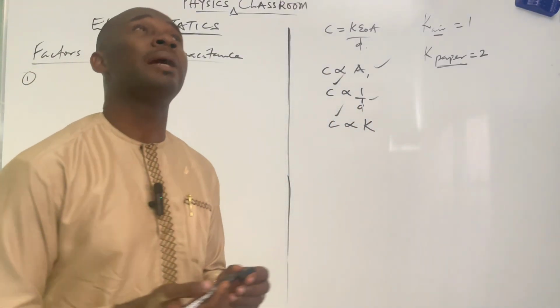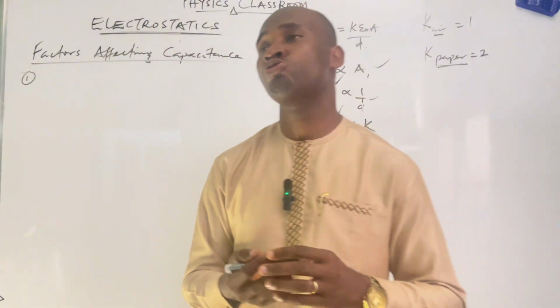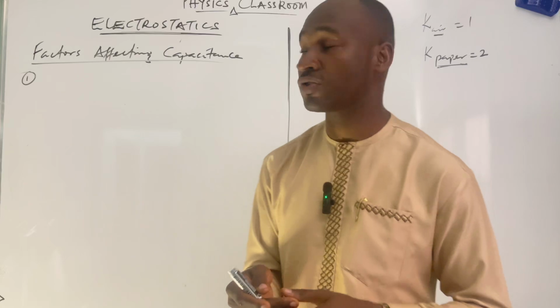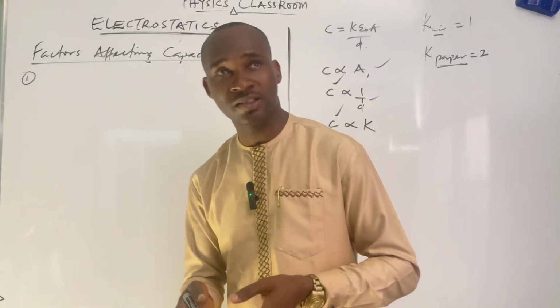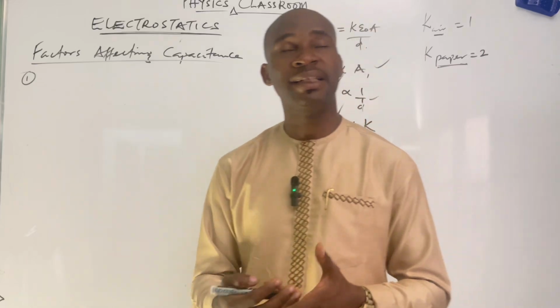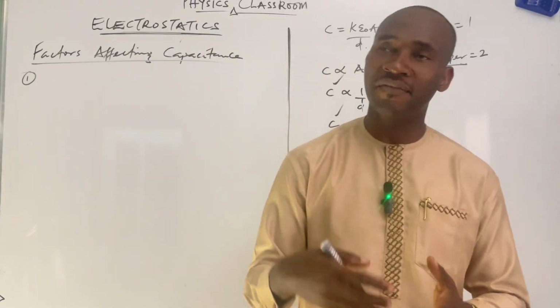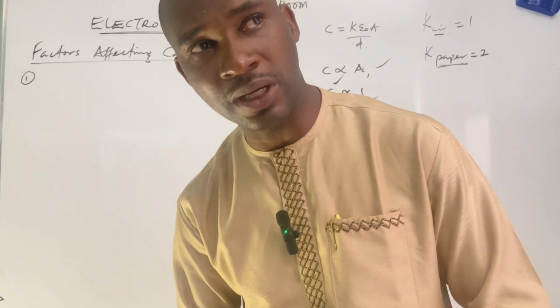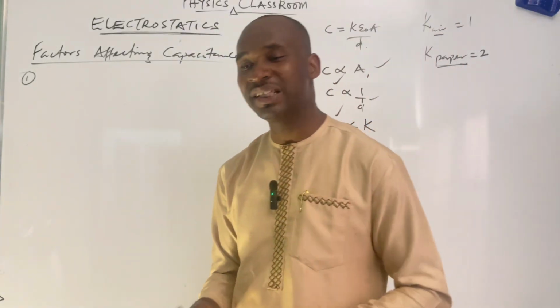There's no way we talk about capacitors without having to talk about the types of capacitors. There are various types of capacitors. We have the lead-in jar capacitor, we have the fixed capacitor, we have the variable capacitor, and we also have the electrolytic capacitor.